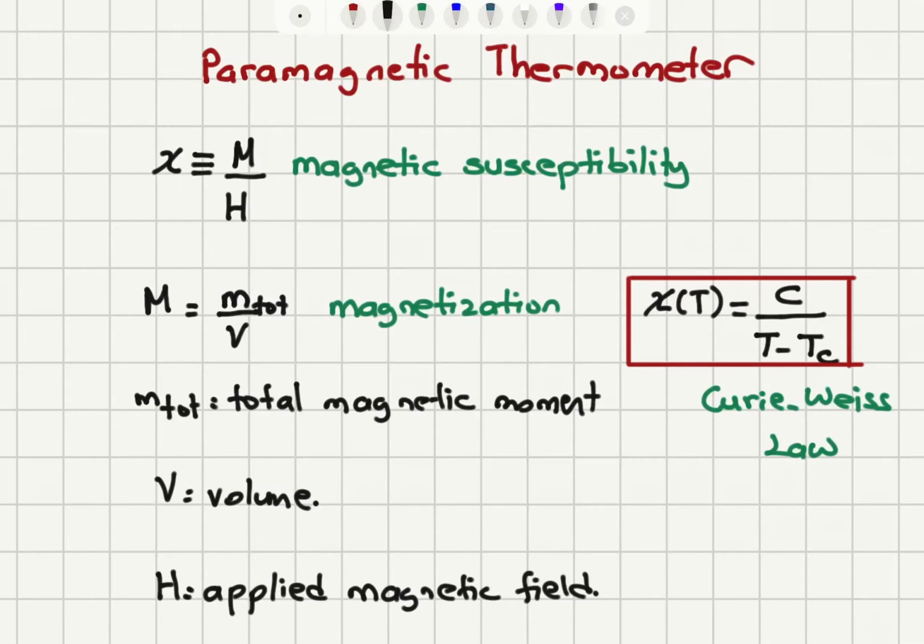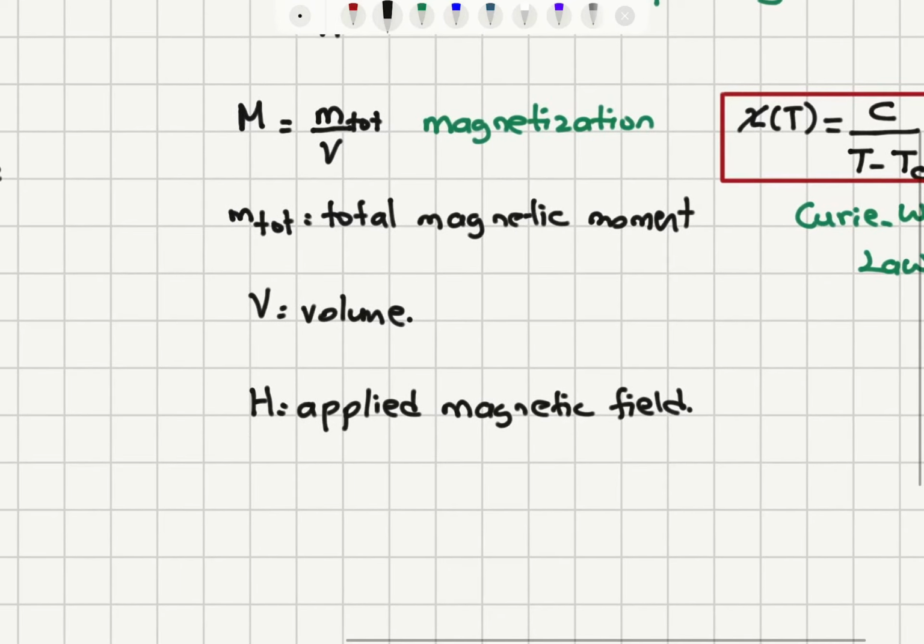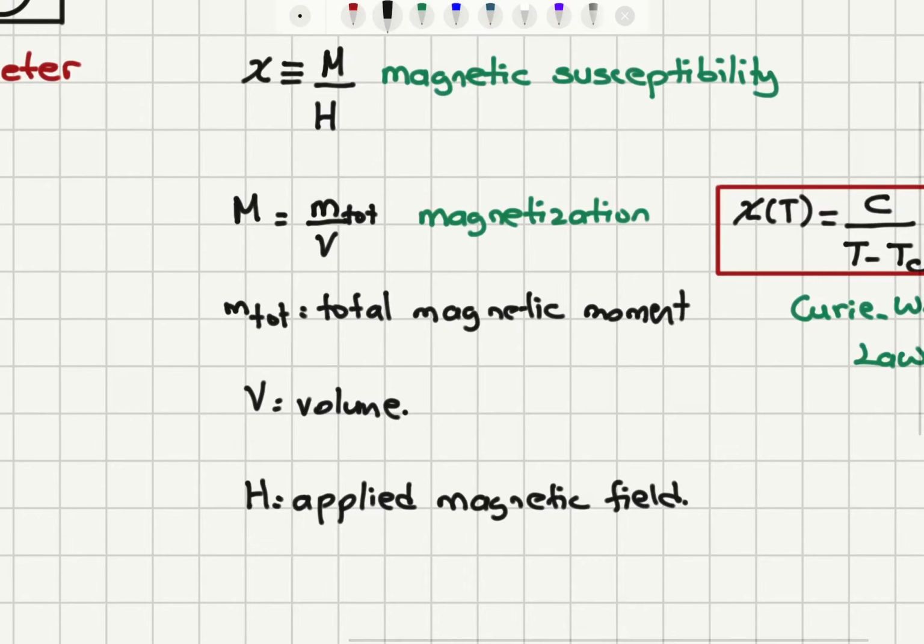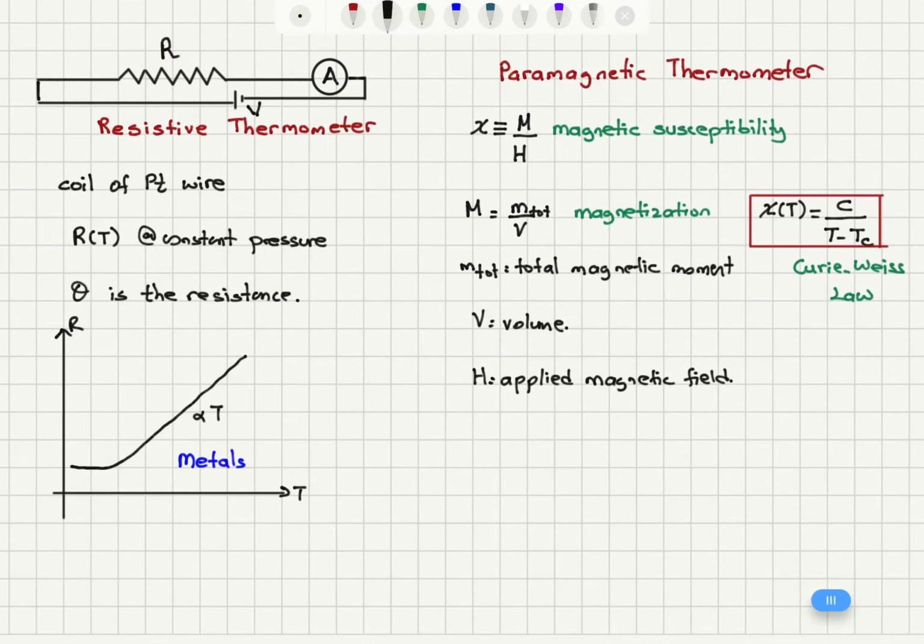So we can use this relationship to get the temperature of the system by measuring magnetic susceptibility, and that can be done by using techniques like SQUID or vibrating specimen magnetometry, etc. So in this thermometer, theta, the thermometric parameter, is the magnetic susceptibility.